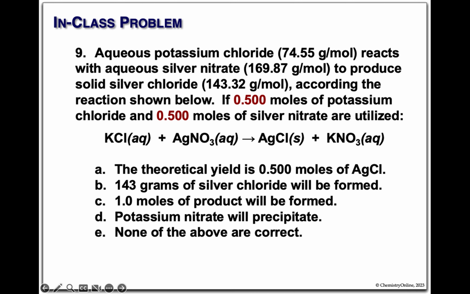Silver paired with chloride to give solid silver chloride, potassium with nitrate to give us potassium nitrate. We have half a mole of potassium chloride, that's this guy, half a mole of silver nitrate, that's this guy. The question is, what is the theoretical yield?